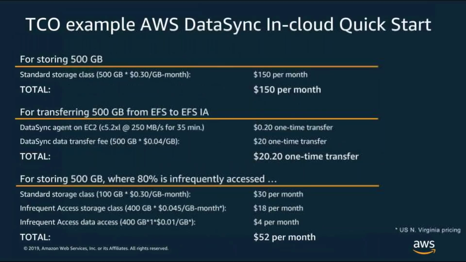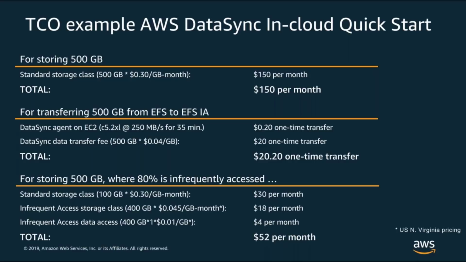Let's take it one step further. Here's a TCO example of the AWS DataSync in-cloud transfer quick start and scheduler that I just ran. Say we want to use this to migrate data from an EFS standard storage class to EFS IA. In this example, 500 gigabytes of data in the standard storage class would cost $150 per month.